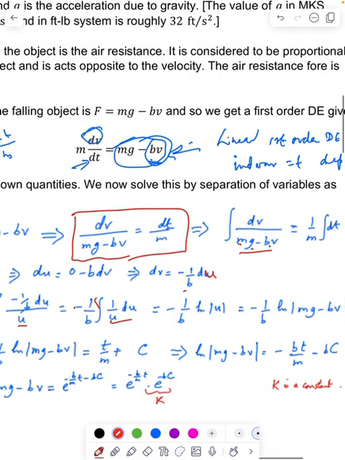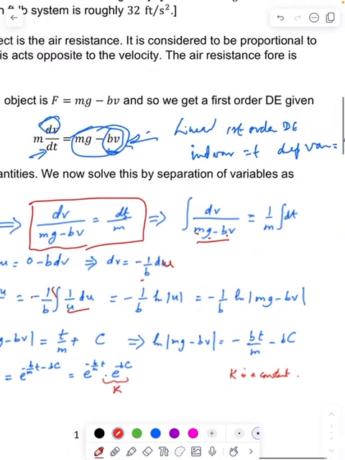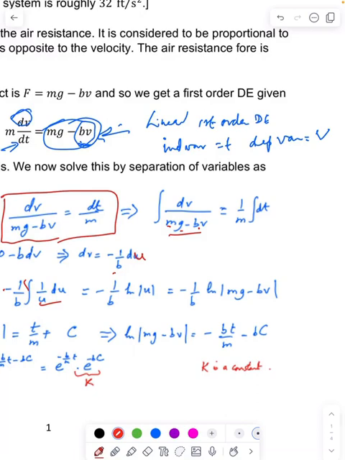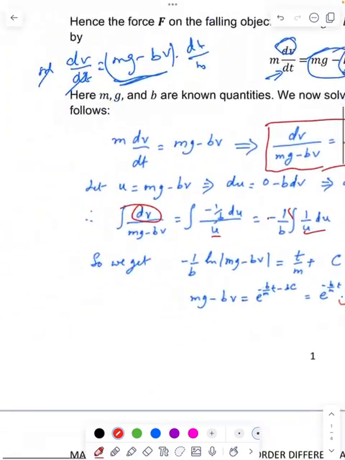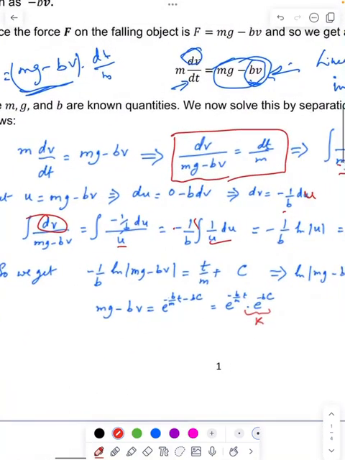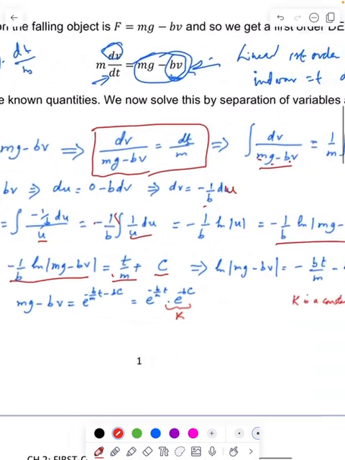So inside we are left with 1 over u du. Now this can be integrated as negative 1 over b ln of u. But u is mg minus bv, so we end up getting the integral on the left hand side is equal to negative 1 over b ln of mg minus bv. Now the right hand side, we said, is going to be t over m, so now we can put the value of the integral on the left equal to the value of the integral on the right plus the constant of integration.